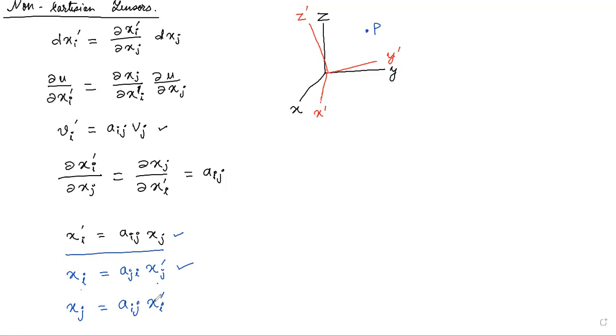Okay, so for this particular coordinate transformation, the xi prime are expressed in terms of xj here. That is, the prime coordinates of the point P are expressed in terms of the unprimed coordinates. We can invert this equation and express the unprimed coordinates in terms of the prime coordinates here.